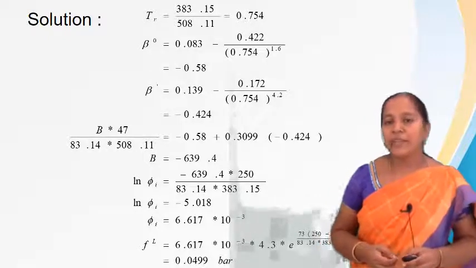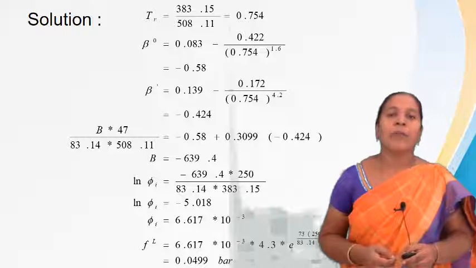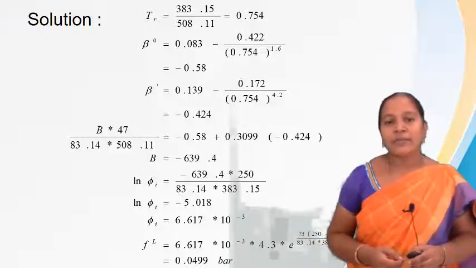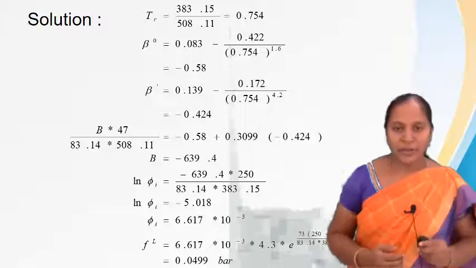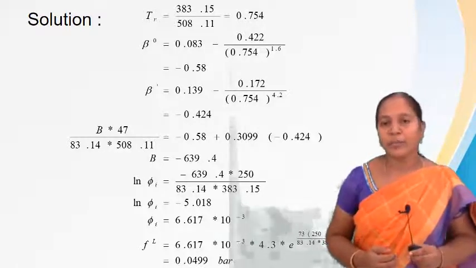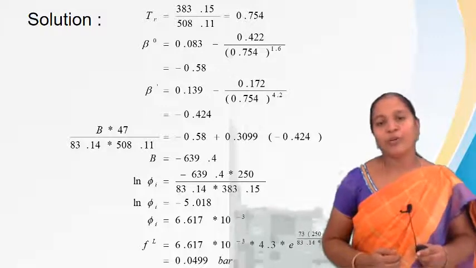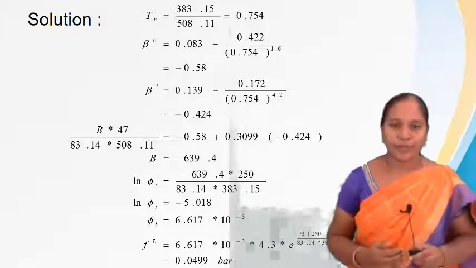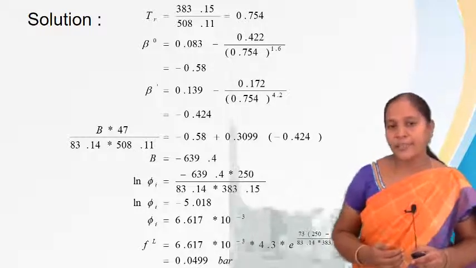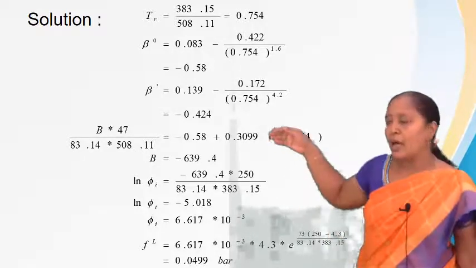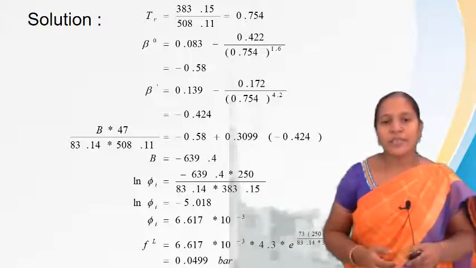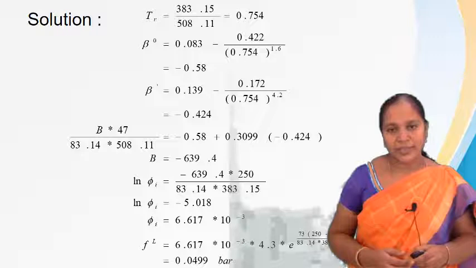After simplification, the B value is equal to minus 369.4. ln phi is equal to BP by RT, that is minus 639.4 into 250 divided by 83.14 into 383.15. Then simplify the expression, and we will get the phi value, that is equal to 6.617 into 10 power minus 3.